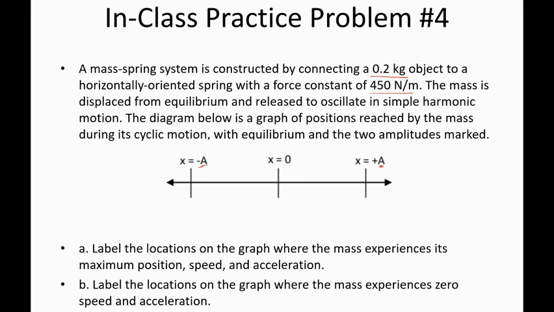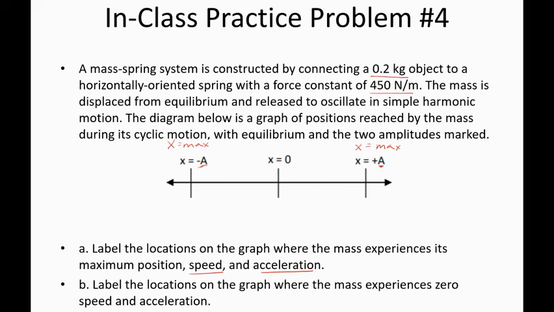The mass is displaced from equilibrium and released to oscillate in simple harmonic motion. The diagram below is a graph of the positions reached by the mass during the cyclical motion. Label the locations on the graph where the mass experiences its maximum position. So this right here is going to be your maximum position. This one is going to be your maximum position. Okay, speed, and acceleration.